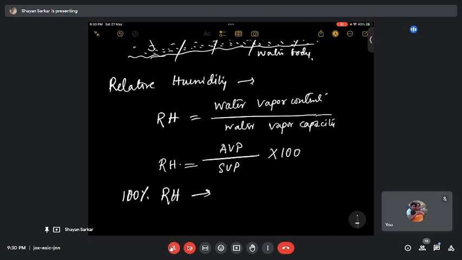This kind of condition you can experience in any limestone cave, any limestone cave in karst topography area.